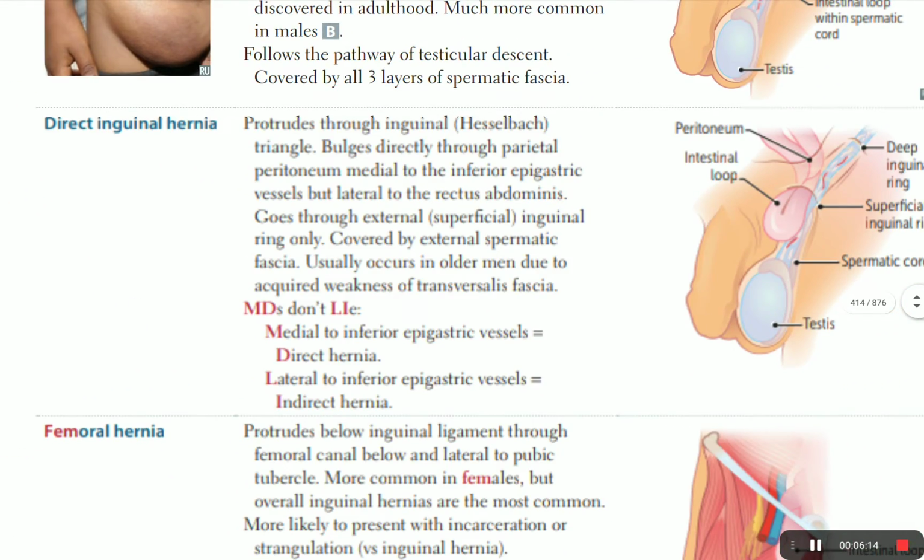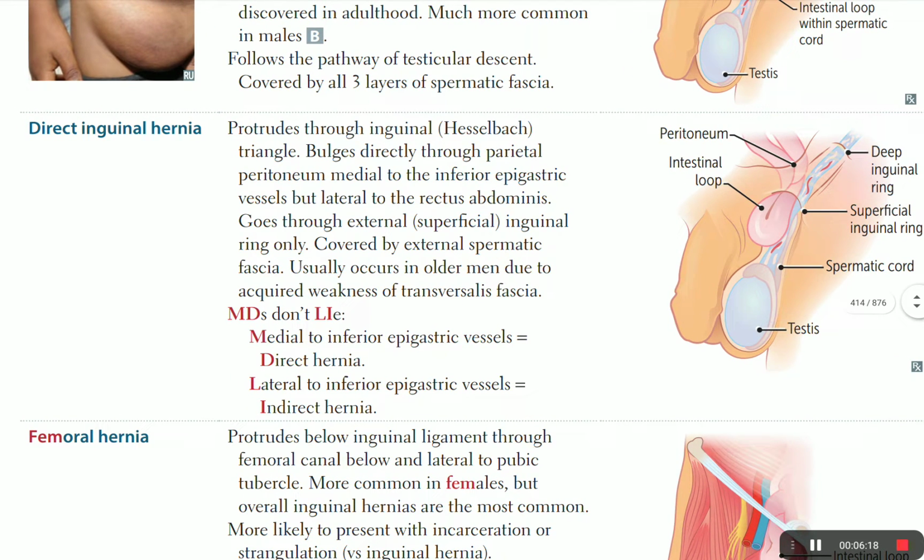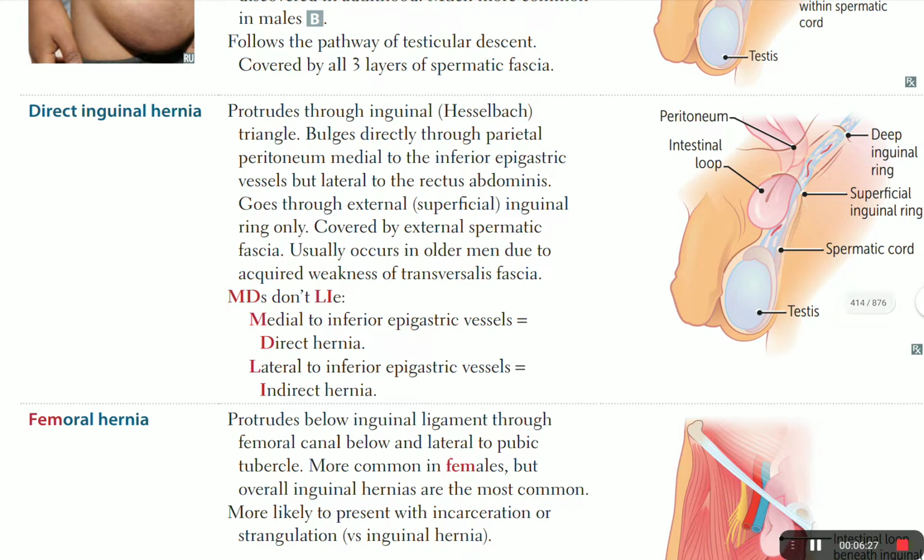The direct inguinal hernia is herniation through the Hesselbach triangle, bulging directly through the parietal peritoneum, medial to the inferior epigastric vessel, which is the key word to differentiate between direct and indirect hernia. If they said it is medial to the inferior epigastric vessel, that means it is direct inguinal hernia.